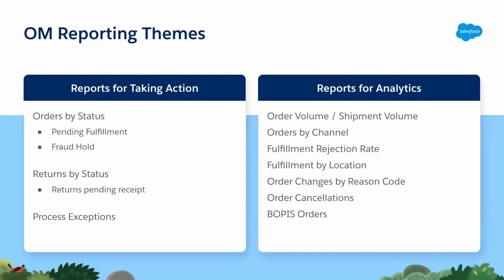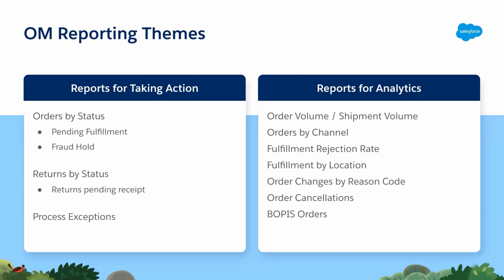Reports can also be made for analytics around key metrics. You can create a report on the order summary object or the shipment object to display the total volume of respective records. You can also create an order summary report and filter by channel to see the breakdown of where orders are being placed. A report on the fulfillment order object can be filtered to show how many fulfillment orders are rejected, or you could filter by location to see how many orders are being fulfilled at each location.